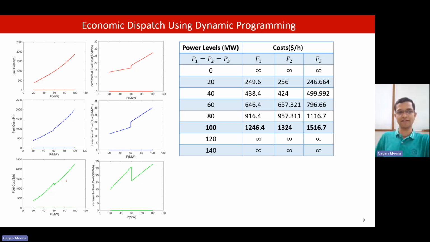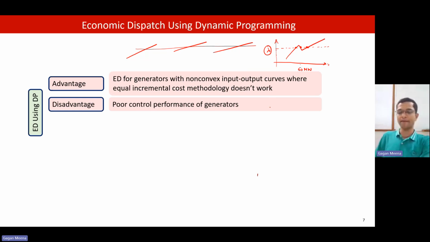This example I have already discussed. These types of cost curves can be possible, and these are non-convex. We already know that a function is non-convex if you draw a line between any two points on that function, and that line is not always above the function. Here, although this line is above the function between these two values, here it is below.